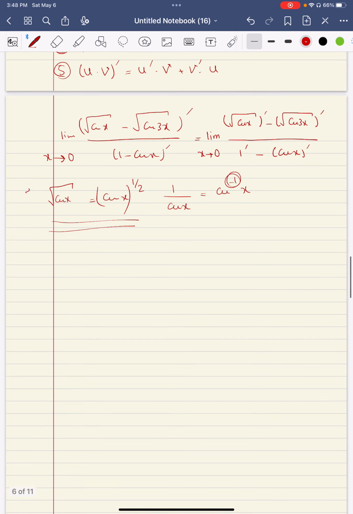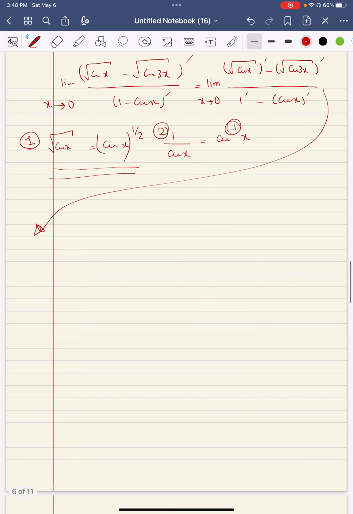So this is the first thing that I always do, and this is the second thing. So right now we have root. So I'm going to rewrite it as cosine x to the power of 1 over 2, prime, minus cosine 3x to the power of 1 over 2, prime, right? Over 1 prime is equal to 0.